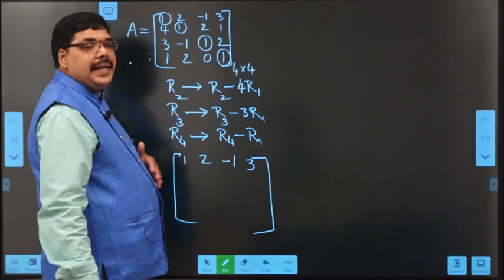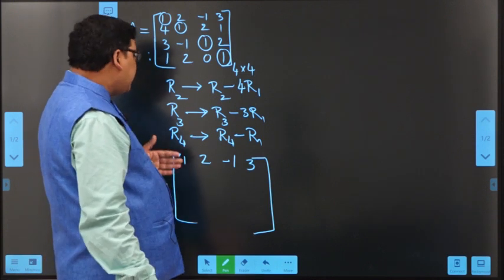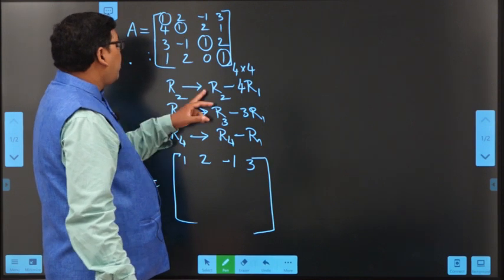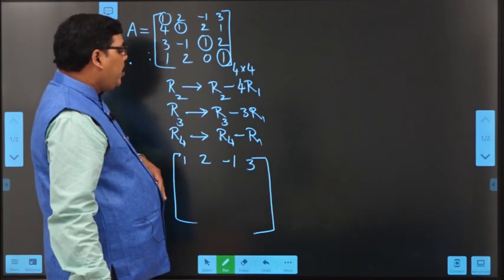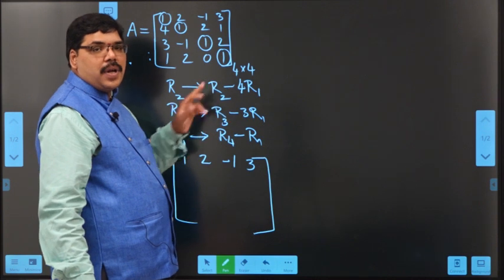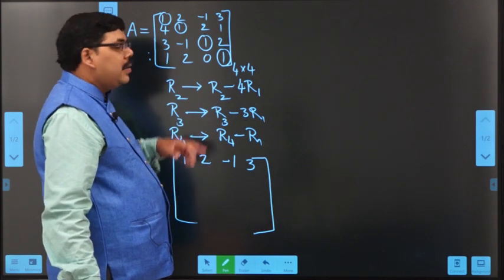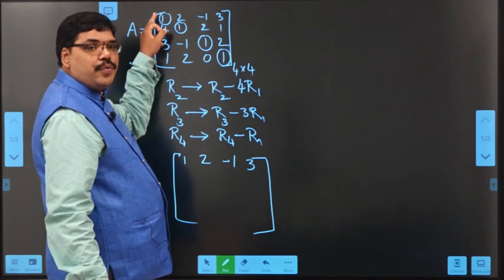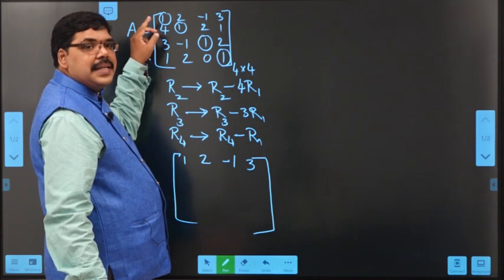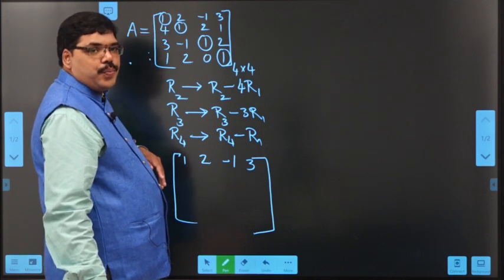So if you calculate these row operations, the result will be, see in the second row, what we are doing, R2 minus 4R1. That means we are multiplying the first row with 4 and then subtracting the result from R2.